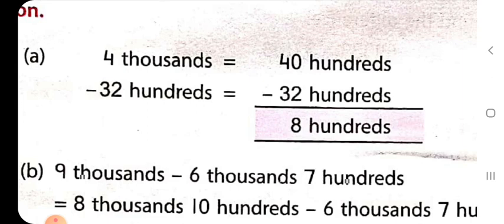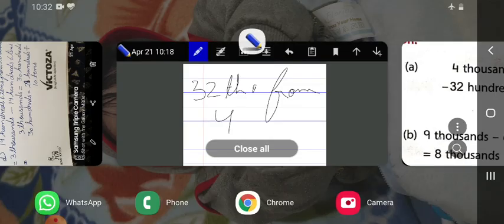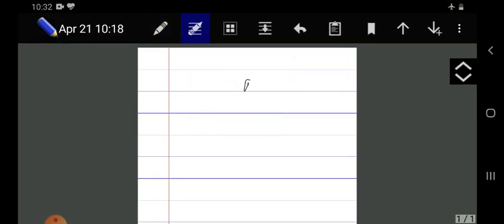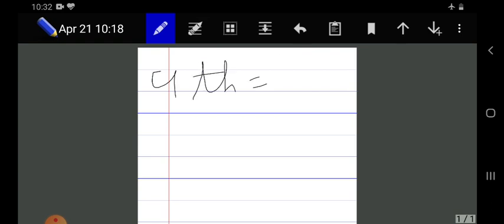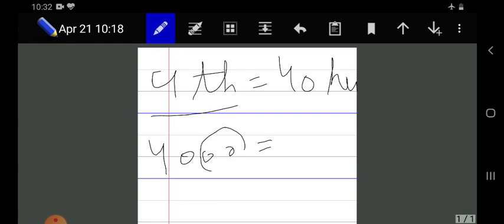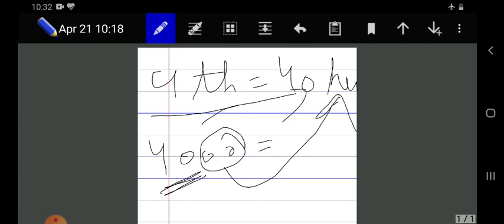How? 4000 is equal to 40 hundred. 4000 means 4000. In 100 we are having how many zeros? 2. That is 100, and the rest is 40 hundreds.